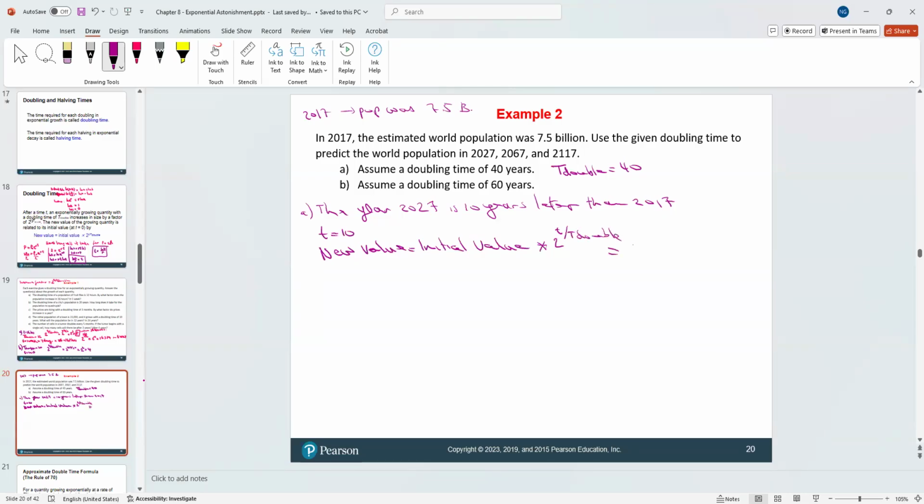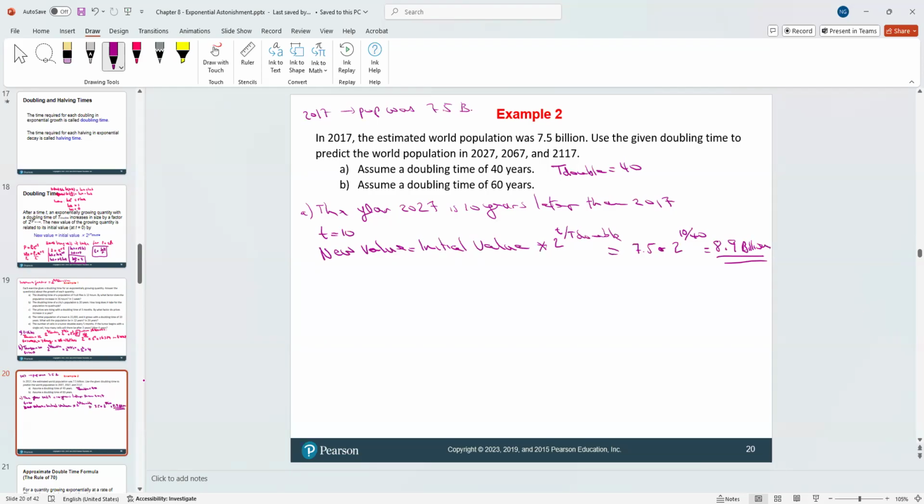So 7.5 billion, that's the initial value, times 2 power 10 over 40, right? So if we do that, we find the new value to be 8.9 billion. So that's something you can verify. Pretty soon we're going to be 8.9 billion people.